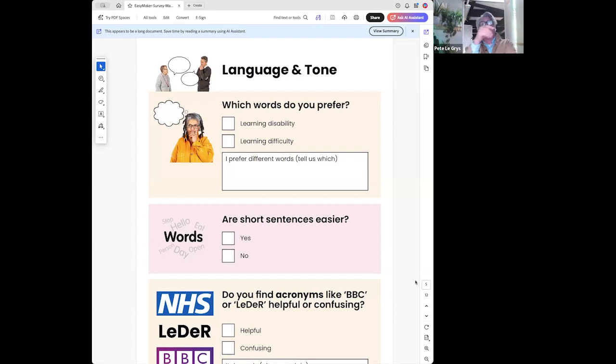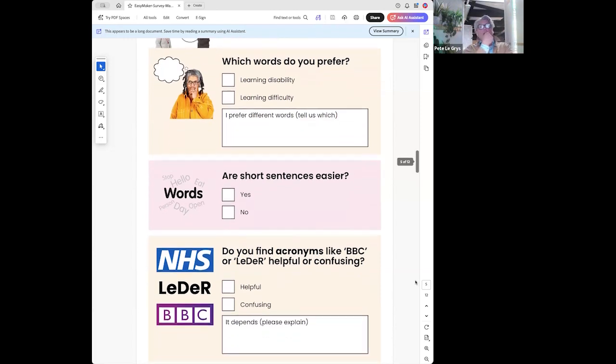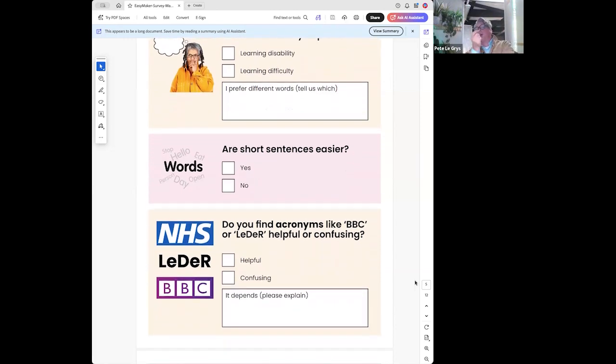The bottom question there about acronyms was interesting, about how much should people learn service providers' jargon, and is it worth making the effort? There seems to be a feeling that it's not about the name, but about what it's about. If it's about the BBC, it's about TV. I've got that.